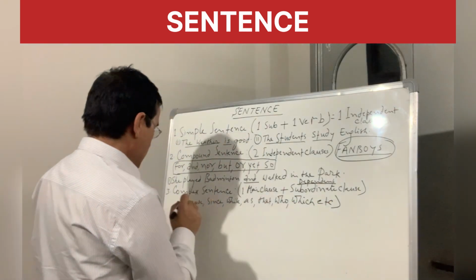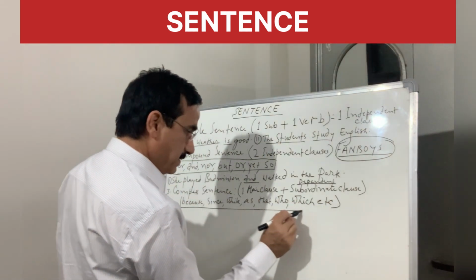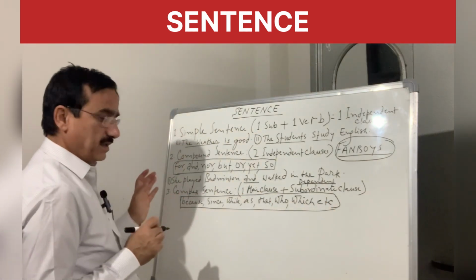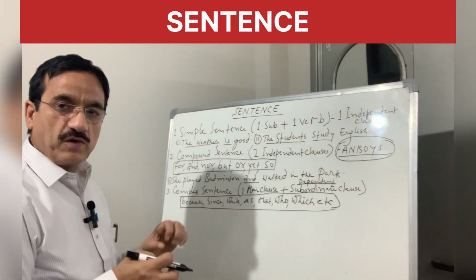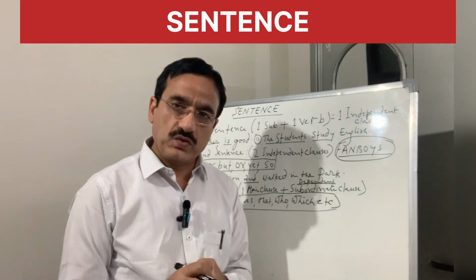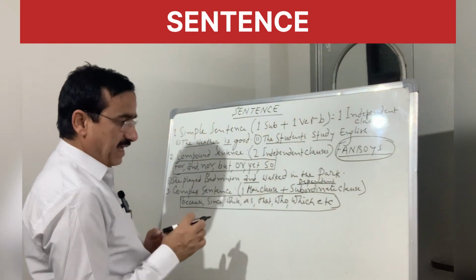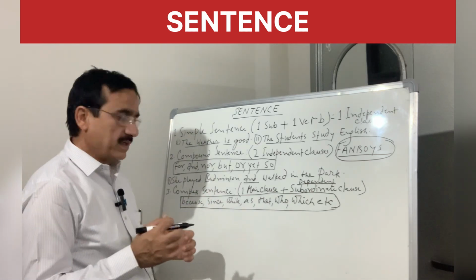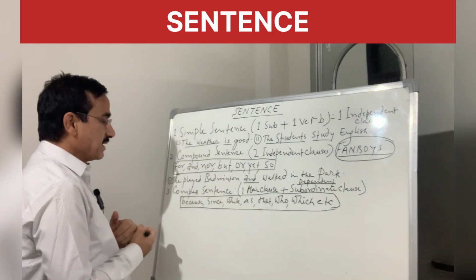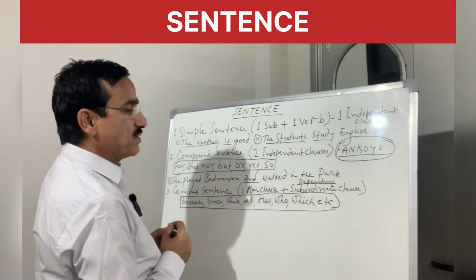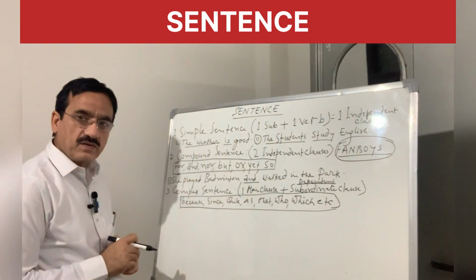So these subordinating conjunctions, because, since, while, as, that, who, which, etc., are used to construct a complex sentence that consists of one main clause and one subordinate clause.